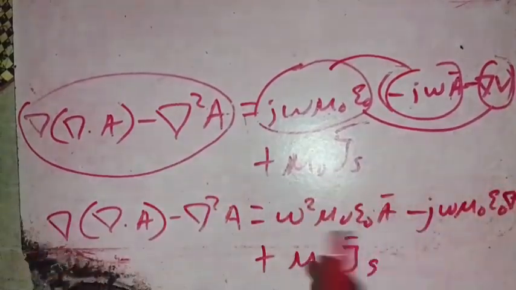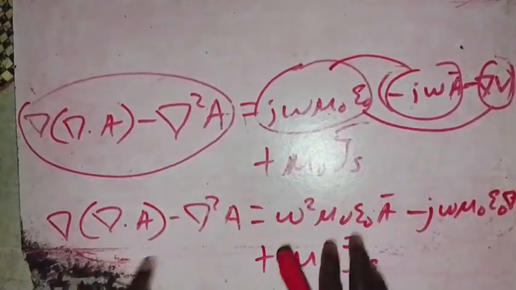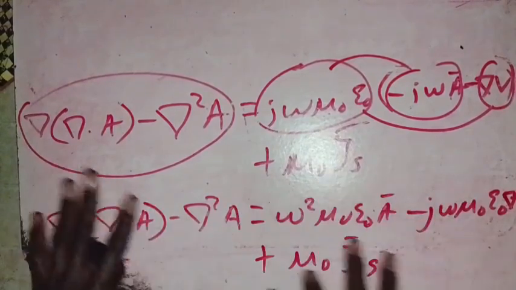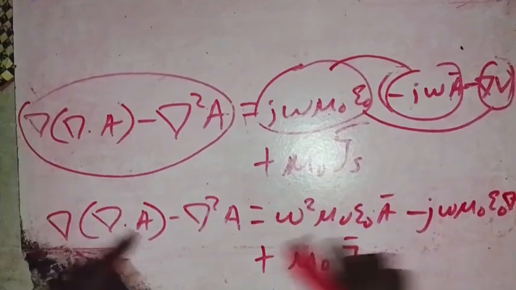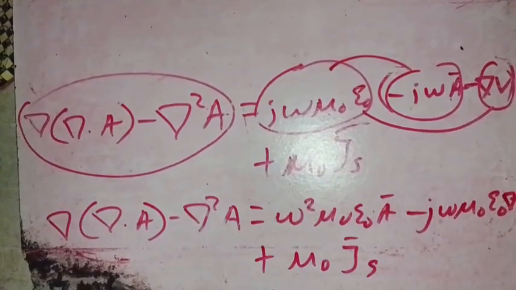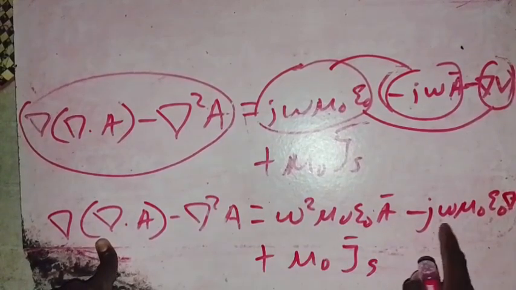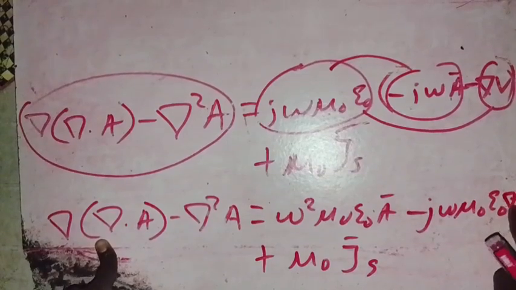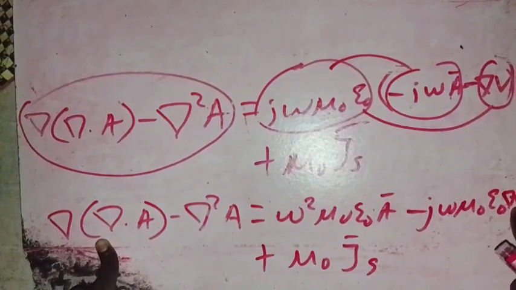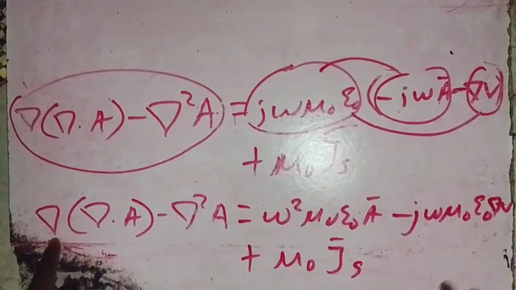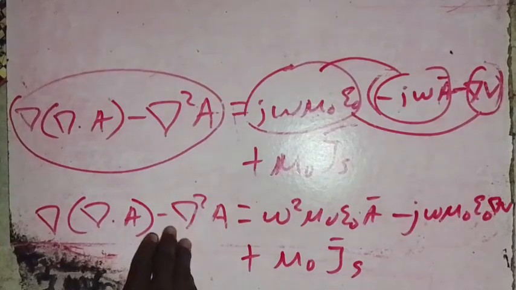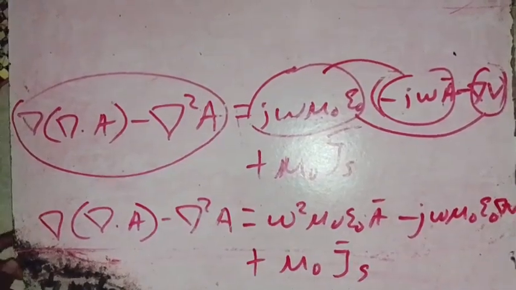Whichever way you want to do it, but I just want to move this one this way so that it will become a positive sign, to avoid all those divide by minus one and things like that. The gradient of v is here. We also have a gradient here, so I'll move all these ones with gradients this other way, and this one will be Laplacian and move it this way.